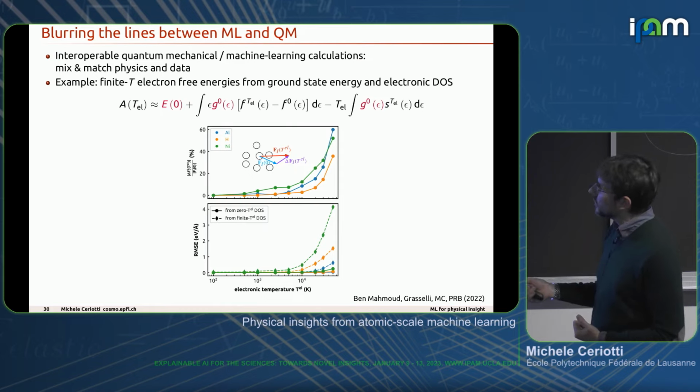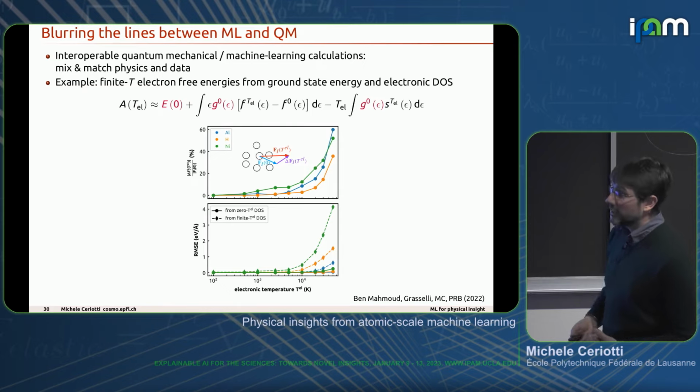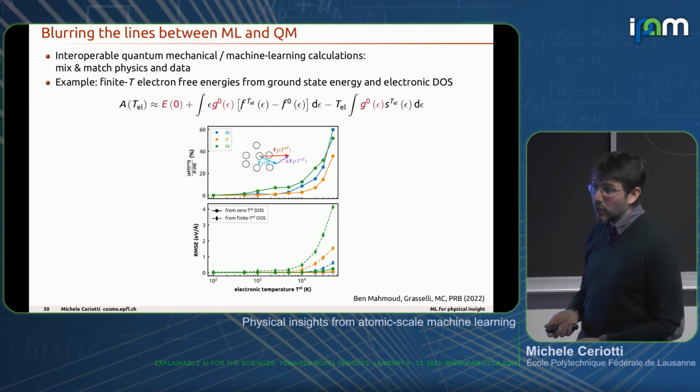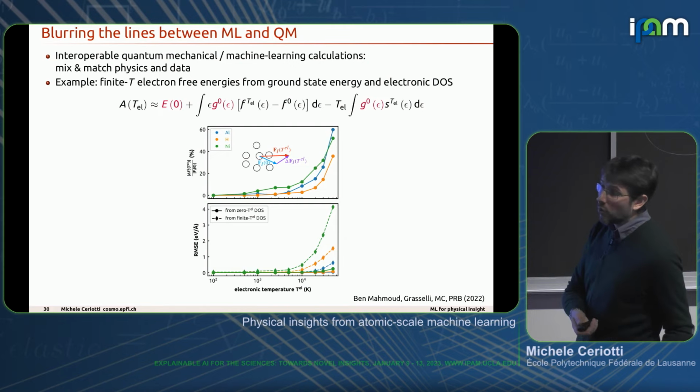You learn these ground state properties, and you combine them with an expression where you might recognize electronic entropy and the excitation energies. This is a purely physics-based expression that is dirt cheap to apply and allows us to extend the reach of a data-driven model without doing any more machine learning.